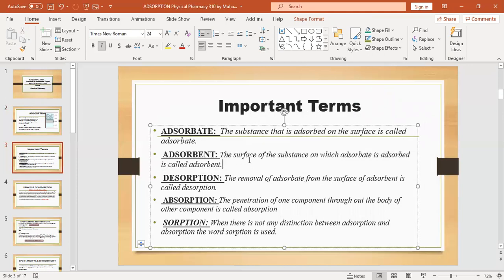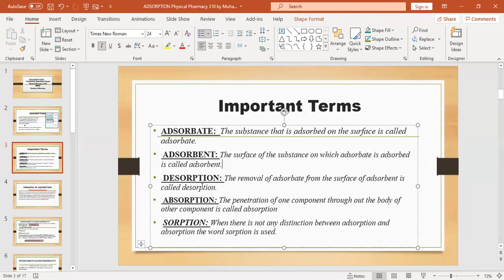The surface of the substance on which adsorbate is adsorbed is called adsorbent. There are two things: one which you are going to adsorb, and the other on the surface of which you are going to adsorb. So the surface which is used is called adsorbent and the substance which is going to be adsorbed is called adsorbate. Hope it will be clear as we proceed further.